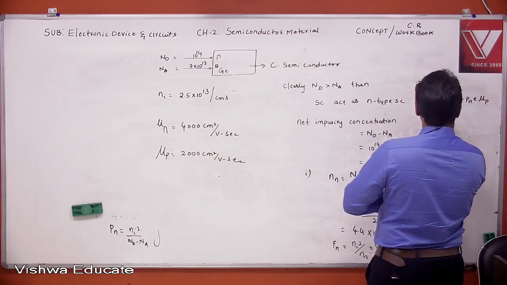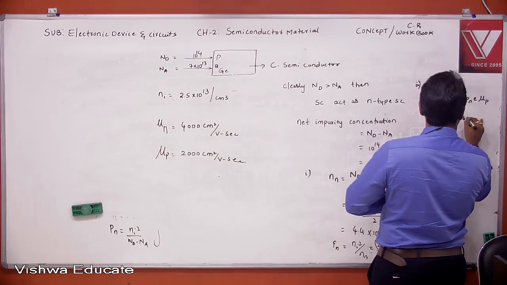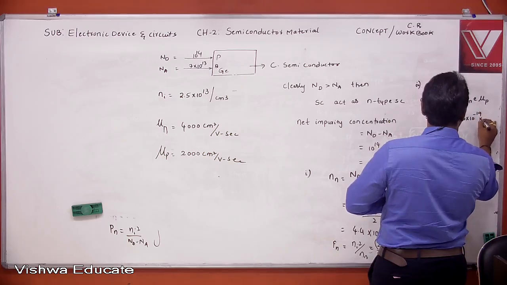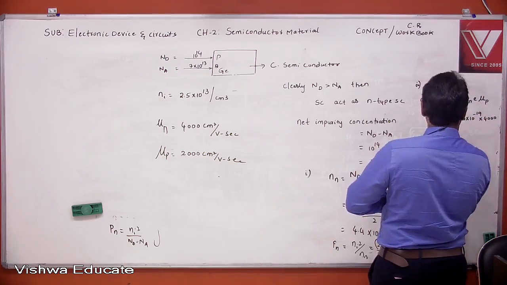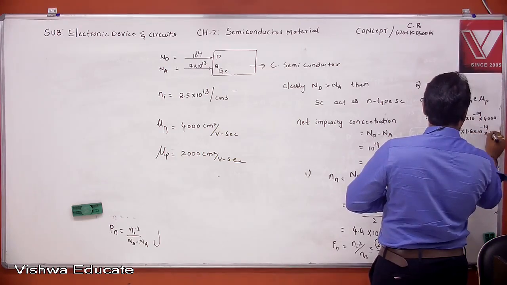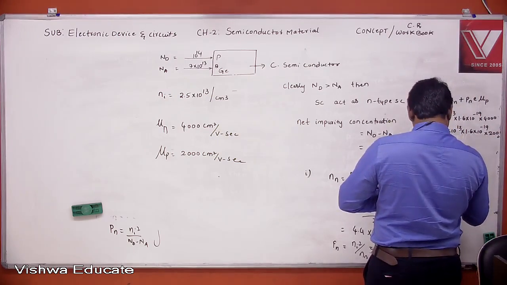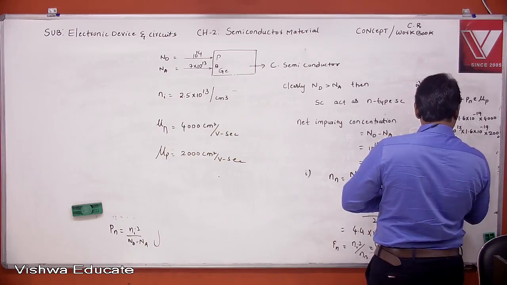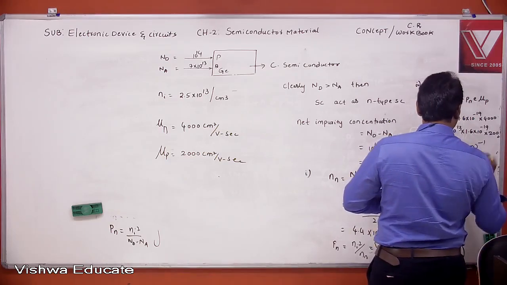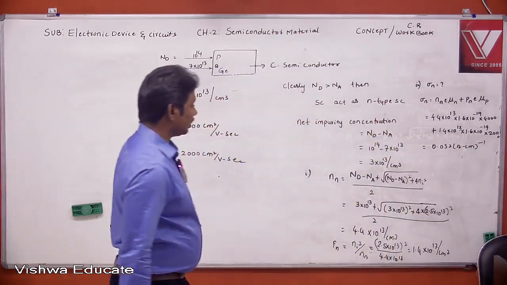What is Nn? 4.4 into 10 to the power of 13, charge of electron 1.6 into 10 power minus 19, mu n 4000, Pn is nothing but 1.4 into 10 power 13, charge of electron 1.6 into 10 to the power of minus 19, mu p 2000, right, which is equal to 0.032 ohm centimeter whole power inverse. This is the conductivity of that compensated semiconductor, right? Copy.